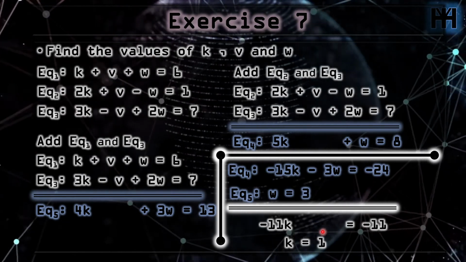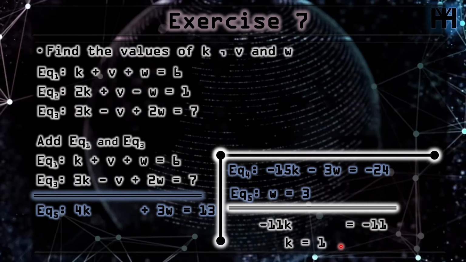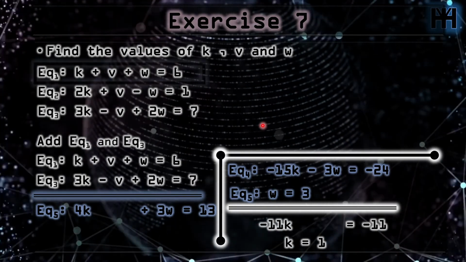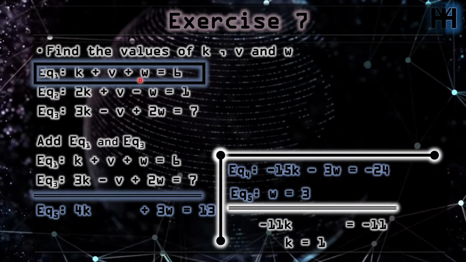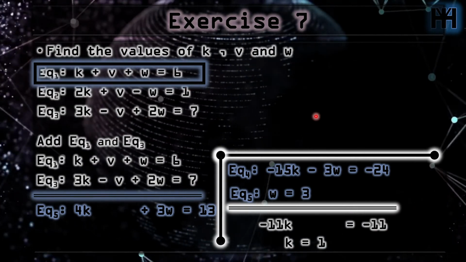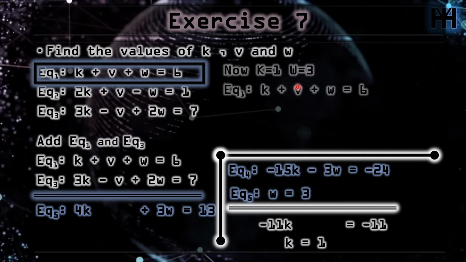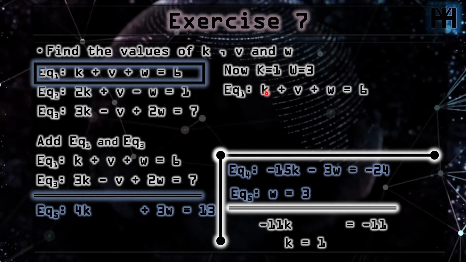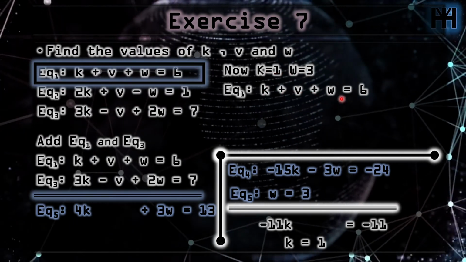We can take this 3 and the 1 and apply them to any other equation. Let's apply it to equation 1. It seems easy. Let's write it again. k equals 1 and w equals 3. k plus v plus w equals 6.